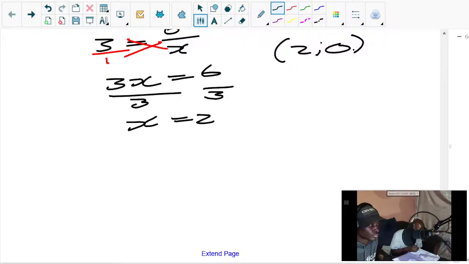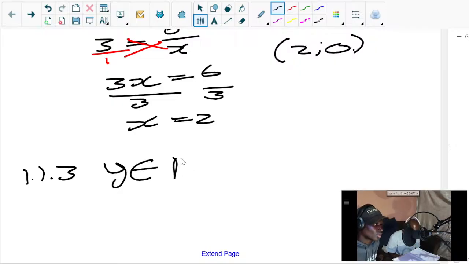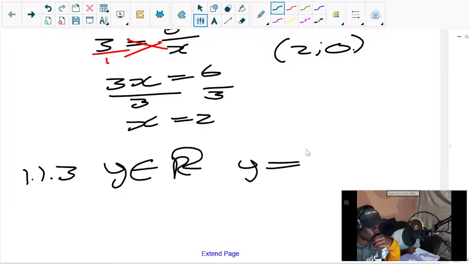Range is going to be y is an element of all real numbers. Then in this case, we're going to tell them which y cannot be whatever the value of q is.